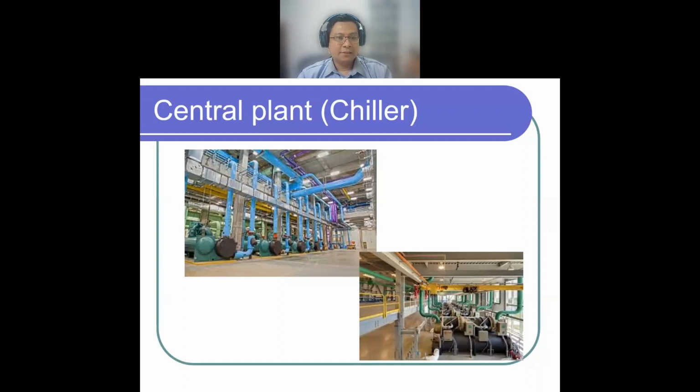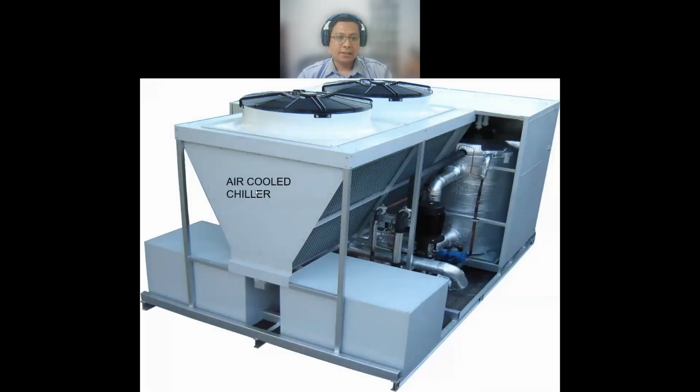You can see the blue one means the pipe is the water system. Then you can see the other one here, the hot piping system, and then it goes to the chiller to reject the heat.